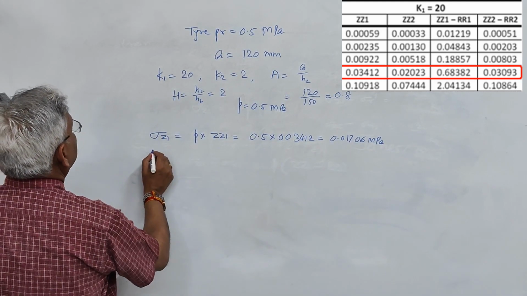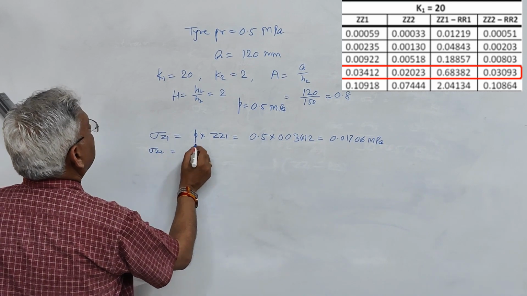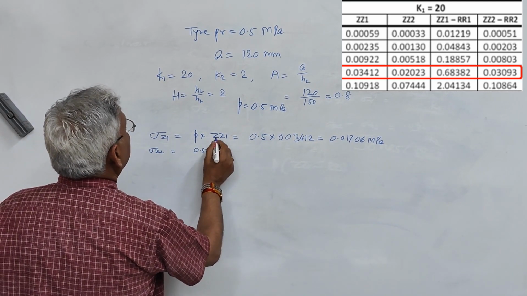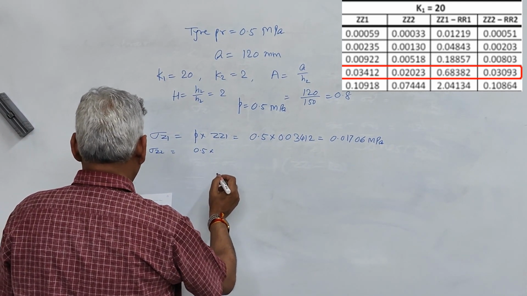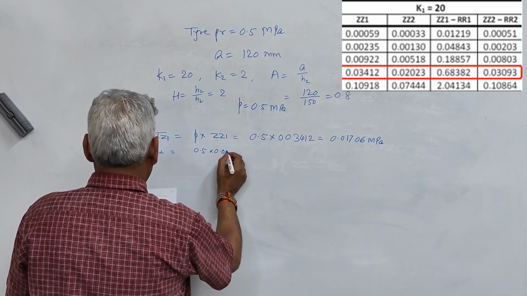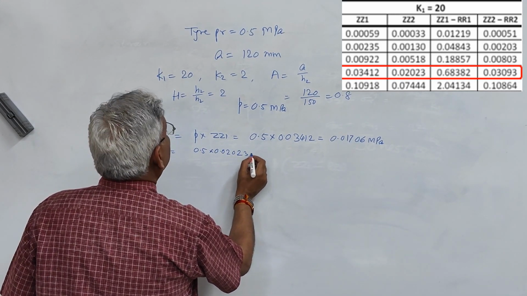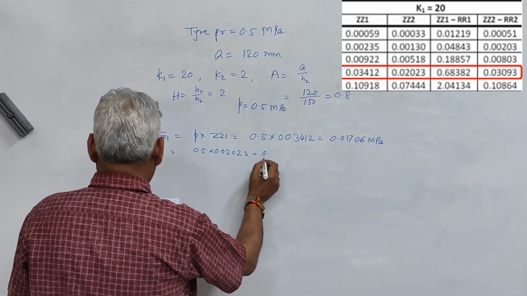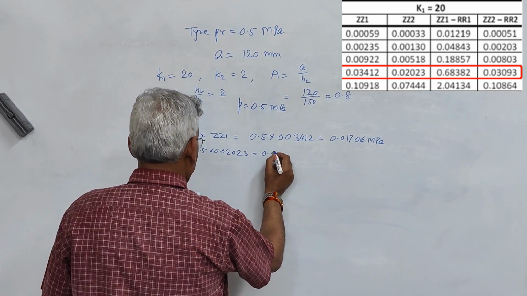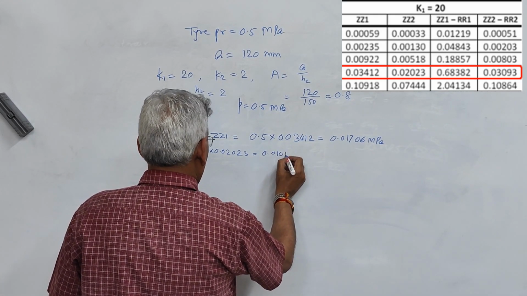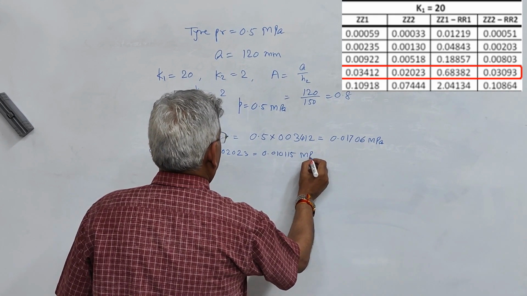And similarly, sigma Z2 will be 0.5 into ZZ2. ZZ2 is 0.02023. So this is equal to 0.010115 MPa.